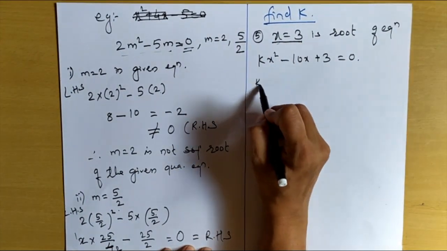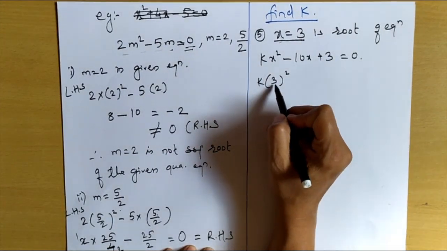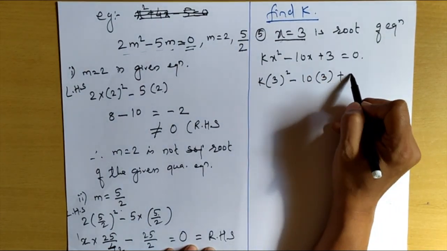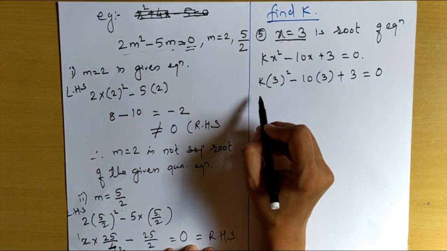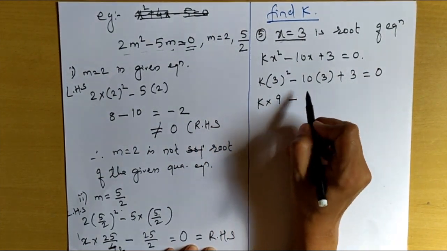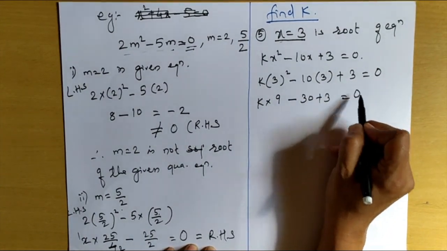So the equation will change to k into 3 square, instead of x I am substituting 3, minus 10 into bracket 3, plus 3 equal to 0. So I'll get k multiplied by 3 square, 9, minus 10 into 3, 30, plus 3 equal to 0.